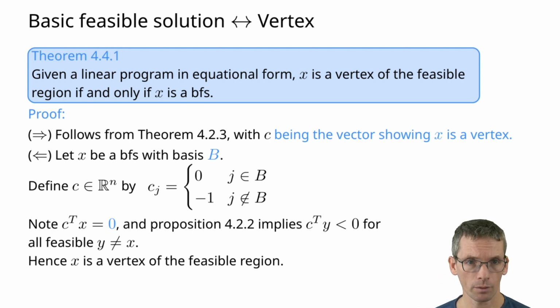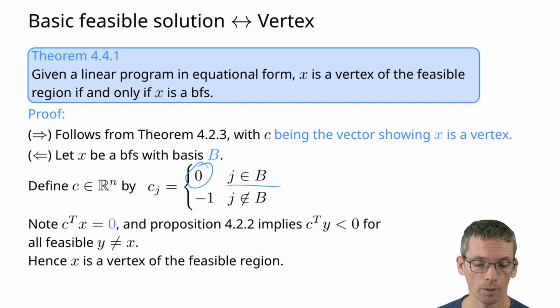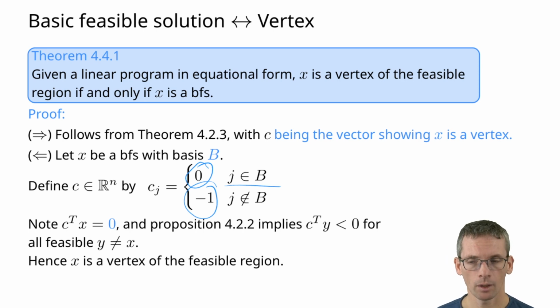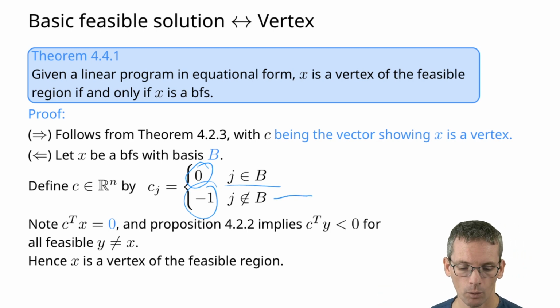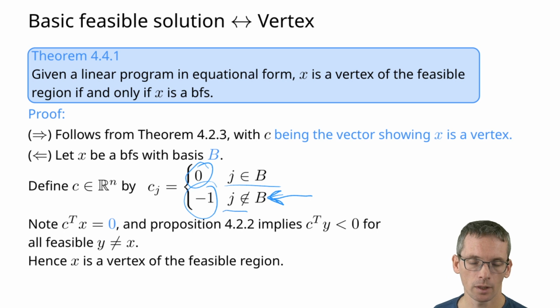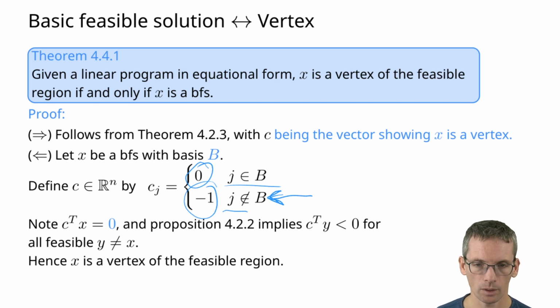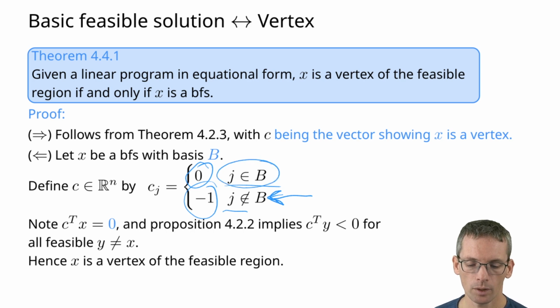Now we can define C as follows. We simply set it to 0 for all of the indices of the basis and -1 otherwise. Intuition being, my basic feasible solution has a property that it's 0 for all of the indices not in the basis. So this -1 does not affect my basic feasible solution. It will simply end up with 0. And it is non-zero for those indices, or can be non-zero for the indices corresponding to the basis.